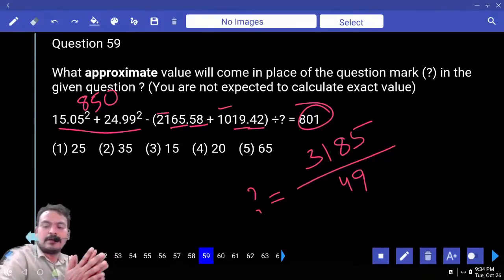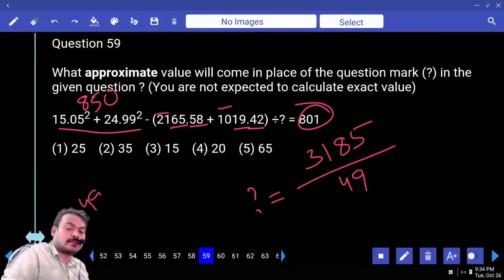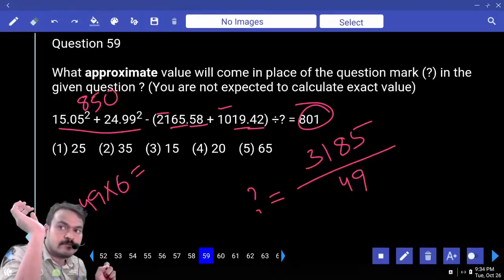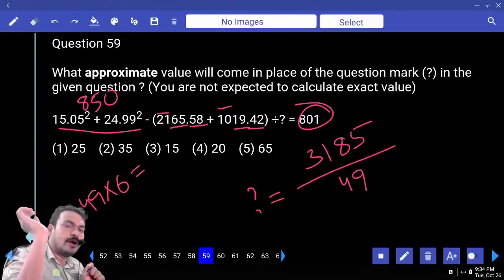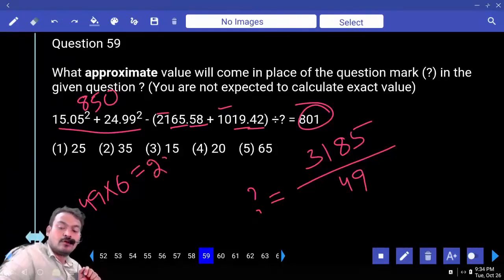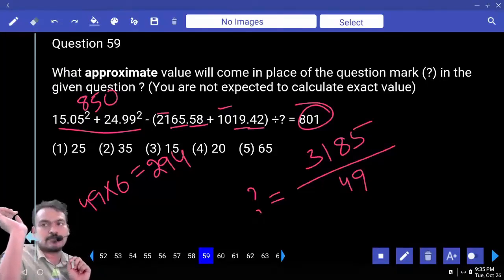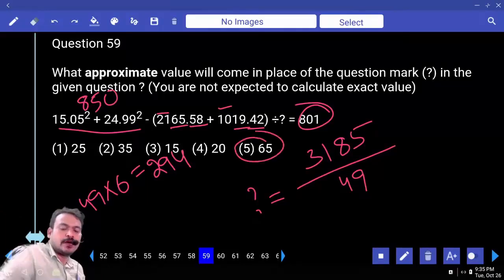What is 49 6 times, how much? 6 40s are 240, 6 9s are 54. 240 plus 54 is 294. It is more than 60 times or less than 60 times? More than 60 times. Which option? Fifth option, or not?